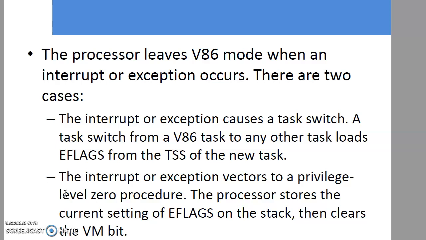So that means there is an interrupt or exception vector to a privilege level 0 procedure, and the VM bit has been cleared. In that case also, the 80386 will switch from virtual 86 mode to protected mode. So to enter into virtual 86 mode, you need to set the VM bit, and to leave the virtual 86 mode, you need to clear the VM bit of the E flag register.